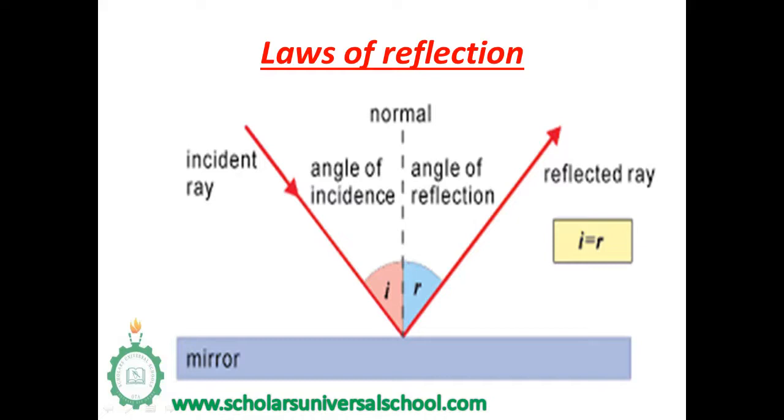There is an imaginary line drawn perpendicular to the surface of the mirror, or the reflector you are using, which is known as the normal. The angle between the incident ray and the normal is the angle of incidence.